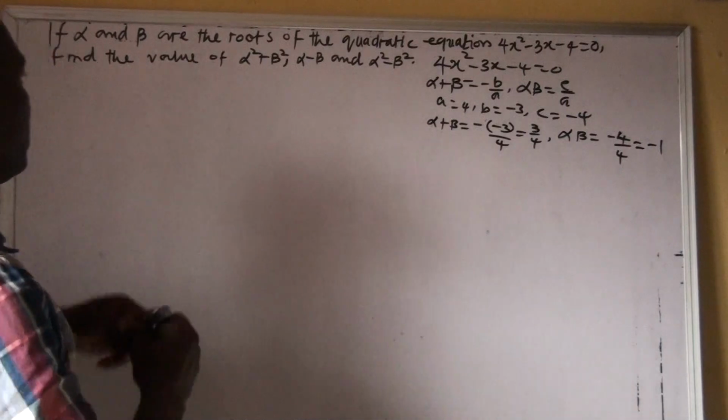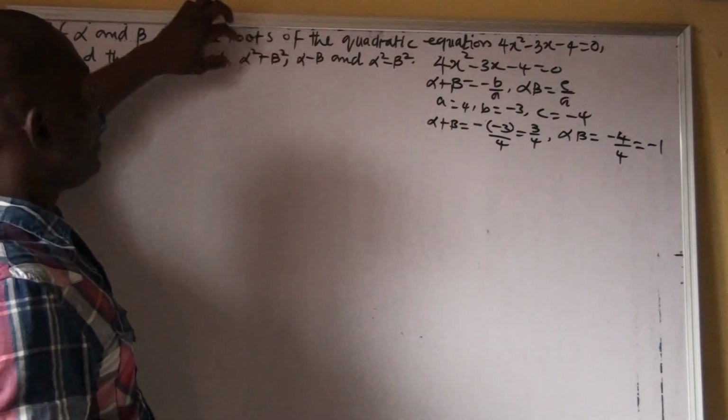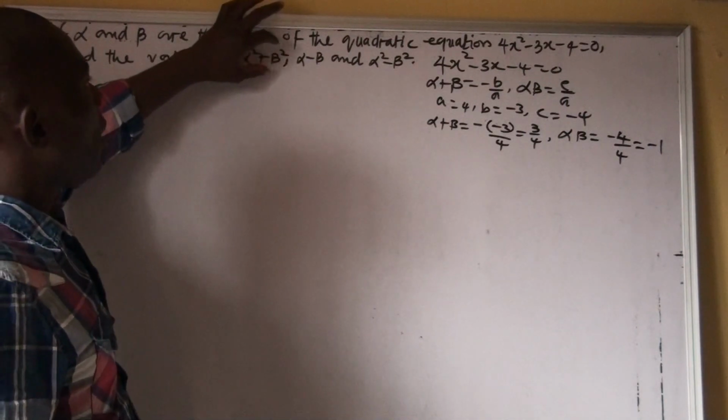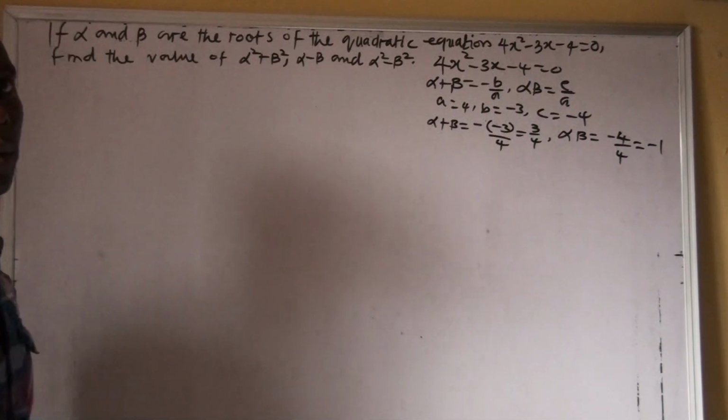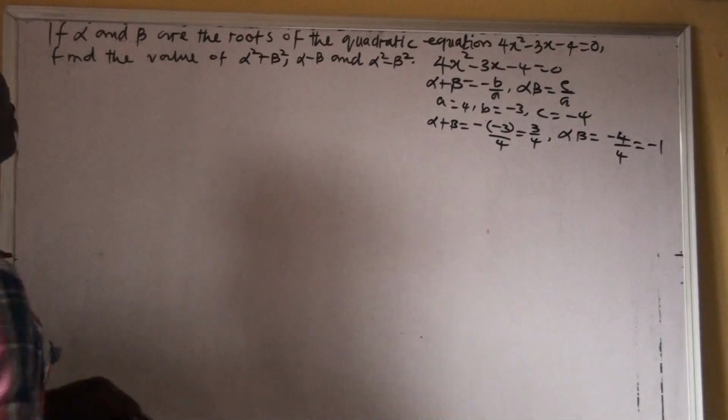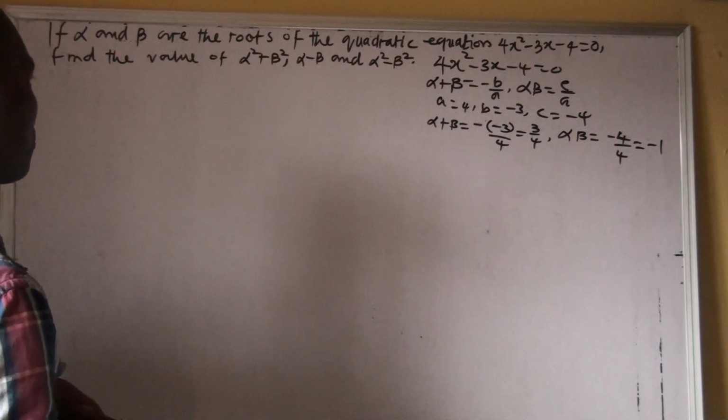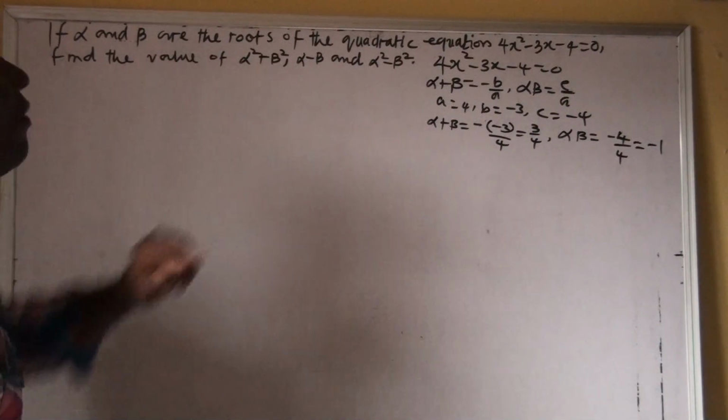But the expression given to us here is alpha squared plus beta squared. It has no direct relationship with what we have on the board. So we're going to do some transformation to obtain alpha squared plus beta squared before we can evaluate.